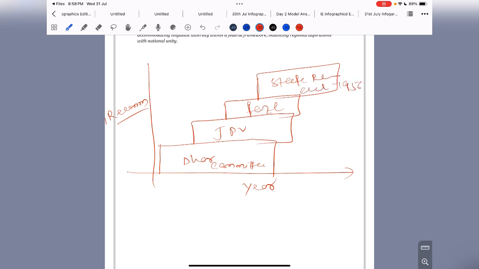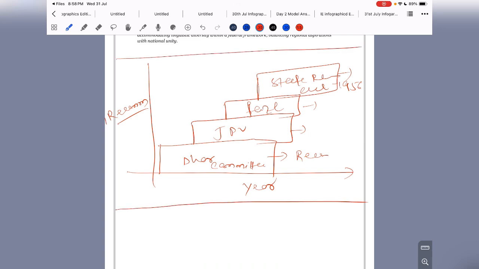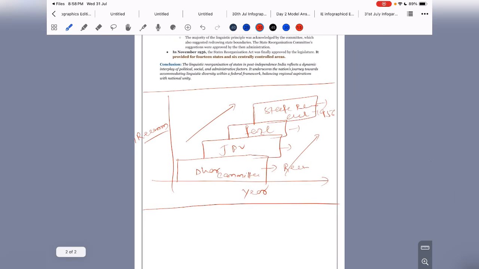Then you need to write here the recommendation, or final outcomes. So in this way you can save a lot of time and space, and it is also attractive for the examiner or evaluator to evaluate your answer, because it is like an infographic, or this picture is showing a lot of things. So you can use this picture in your exam also.